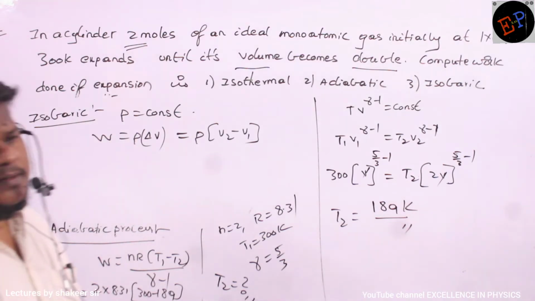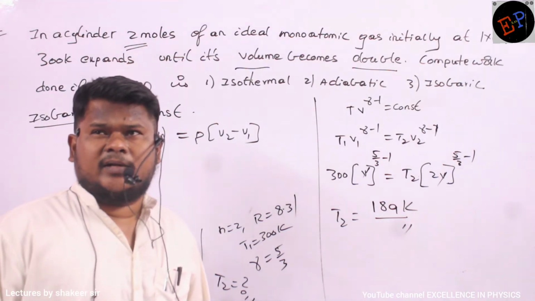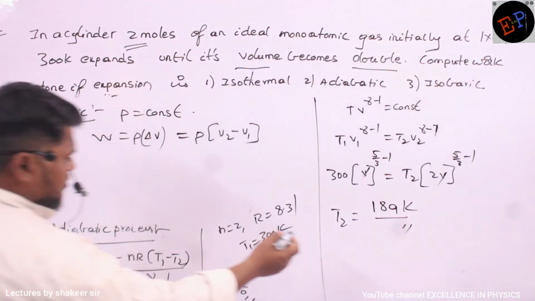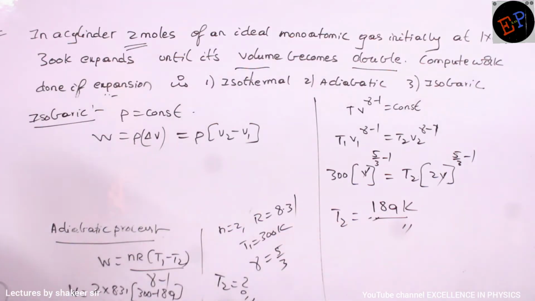V1 by T1 is equal to V2 by T2, since this is an isobaric process. That method I can use. Any other method? The final temperature I don't know, because that is the final temperature of the adiabatic process.